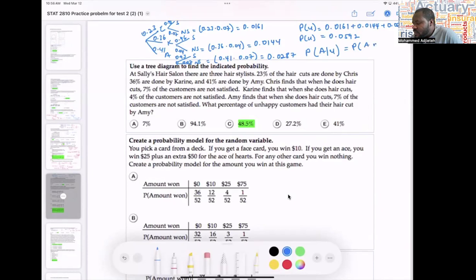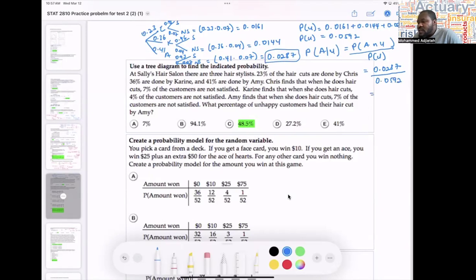So that gives us 0.0287 divided by the probability of an unhappy customer, 0.0592.